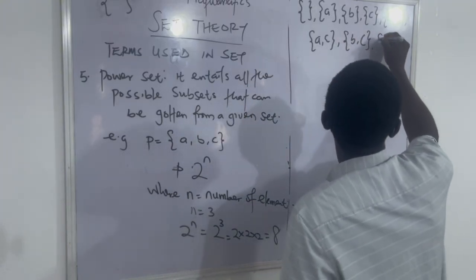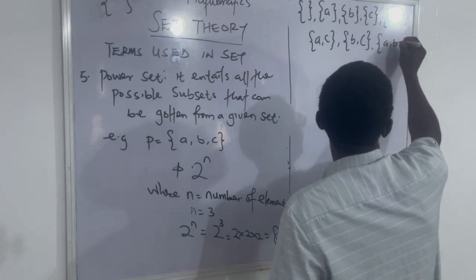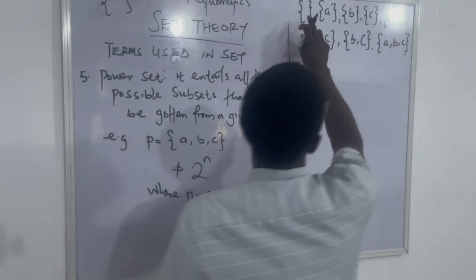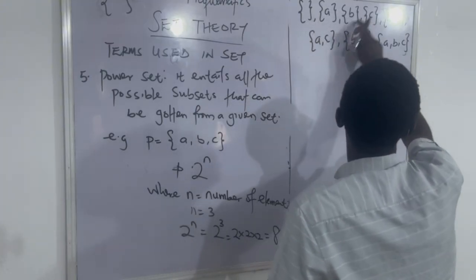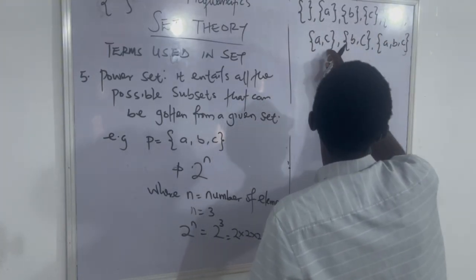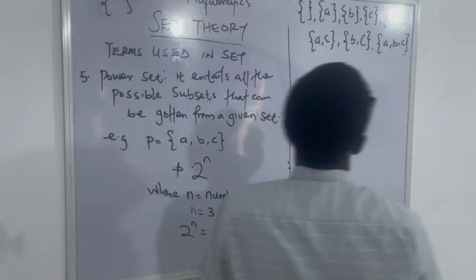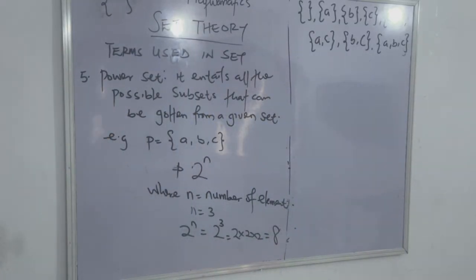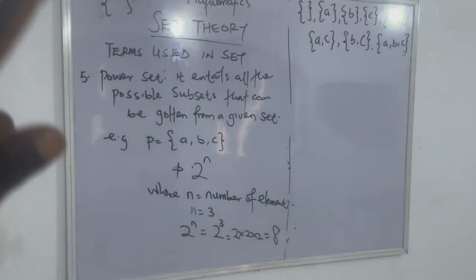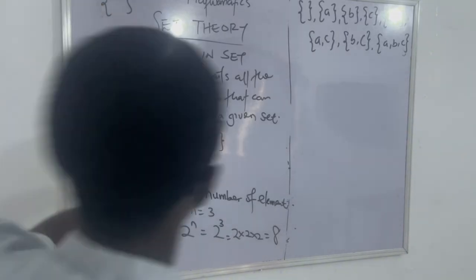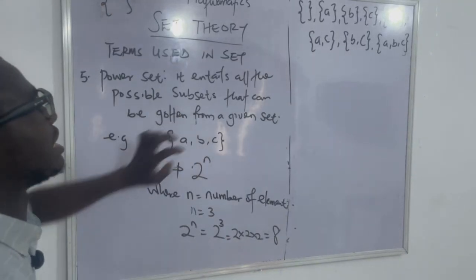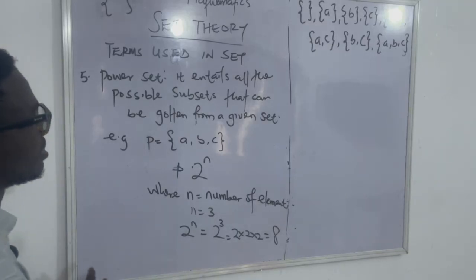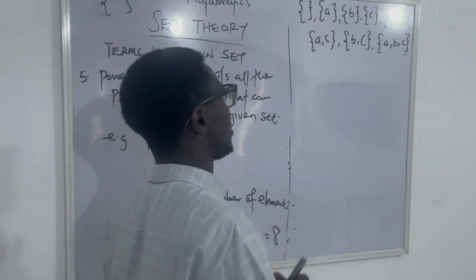So then when 3 of them are there, A, B, C. Let's count. If it's up to 8: 1, 2, 3, 4, 5, 6, 7, 8. So which means that those are the 8 possible subsets that can be derived from this given set P. Are we together? So that is about that.